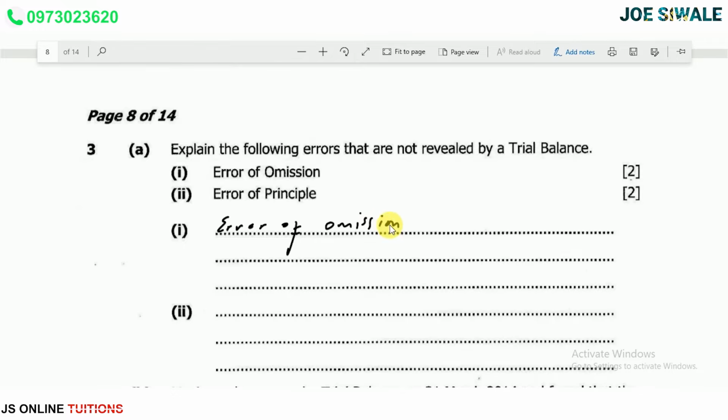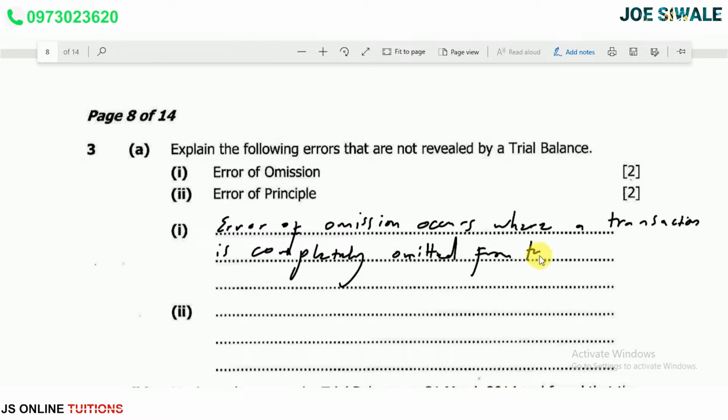So error of omission occurs where a transaction is completely omitted from the books of accounts.